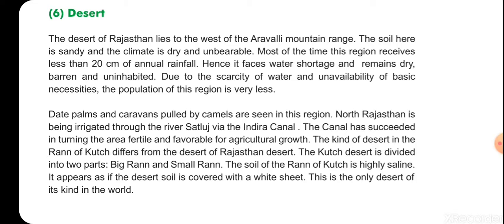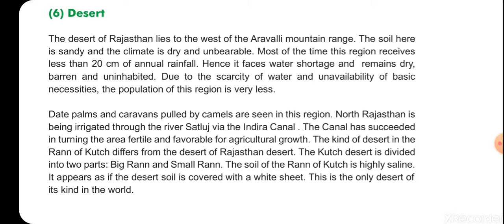In Gujarat, the Rann of Kutch is divided into two parts. Greater Rann, that we can call the big Rann, or little Rann, or we can also call it a small Rann. The Kutch desert is one of its own kind of desert where the sand looks as if it has been covered with a white sheet, and this type of desert exists only in Kutch in the world.